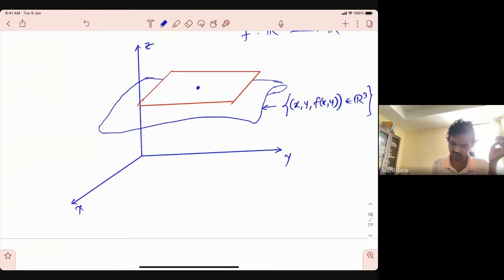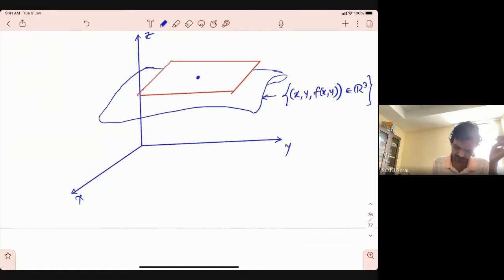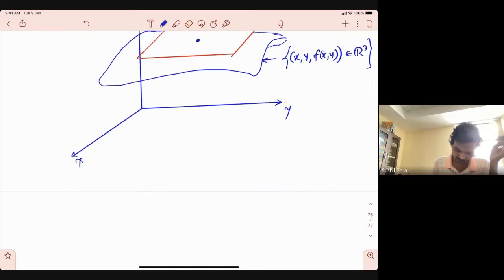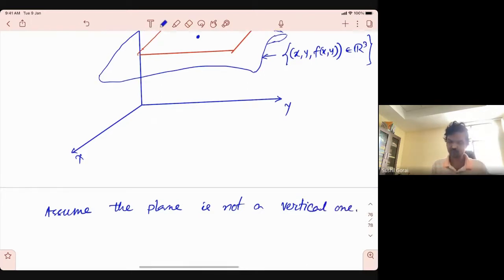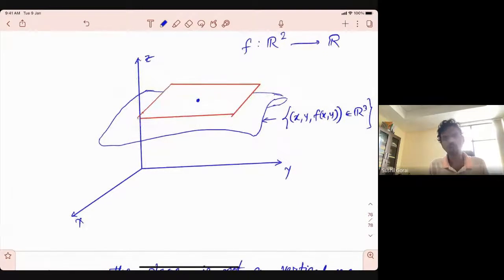Suppose we assume this plane is not vertical. You want to write this plane also as a graph of something.